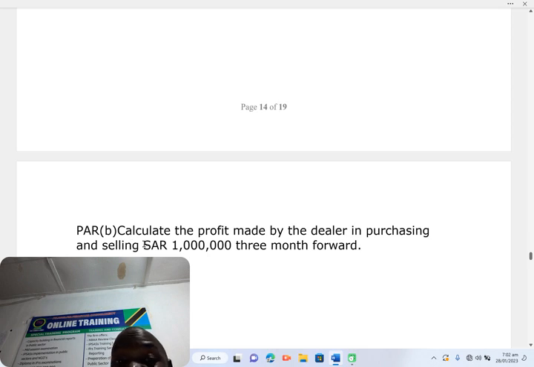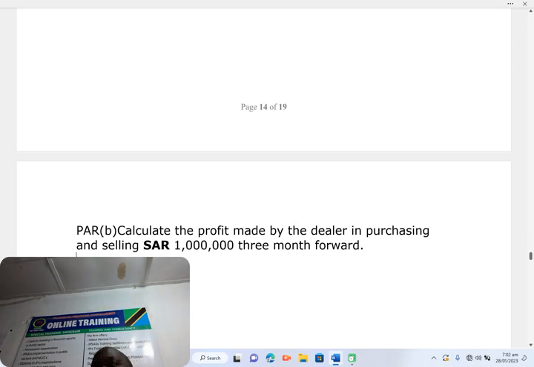In purchasing and selling. How much? South African rand, 1 million, 3 months forward. So he wants you to compute the profit on this transaction. So he said the profit made by the dealer. Who is the dealer? The bank, somebody who is selling the currency, the bureau de change.